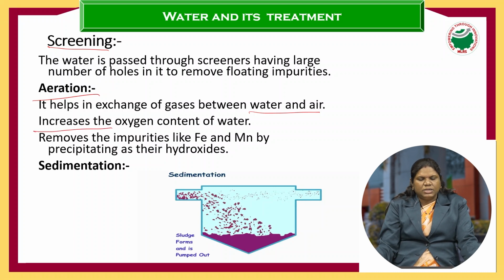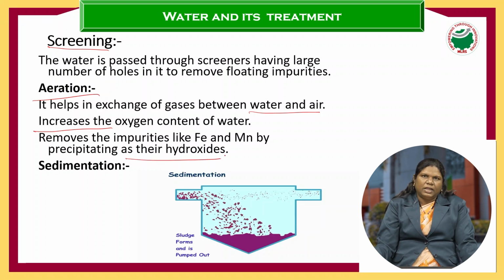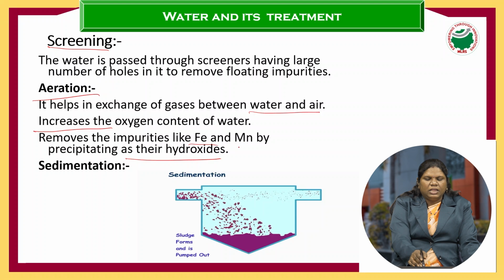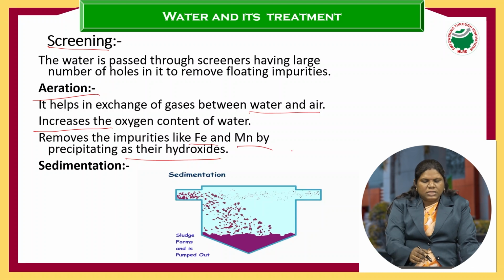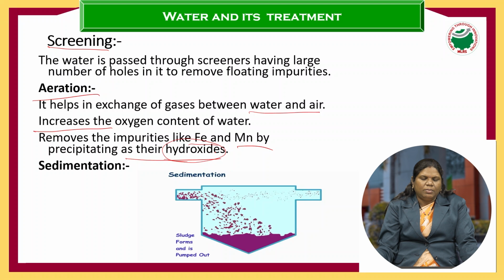It removes the impurities like iron and manganese by precipitating them as their hydroxides. What will happen? The air contains the oxygen. Okay, the water contains the iron and manganese. They will be oxidized by the oxygen as their hydroxides.